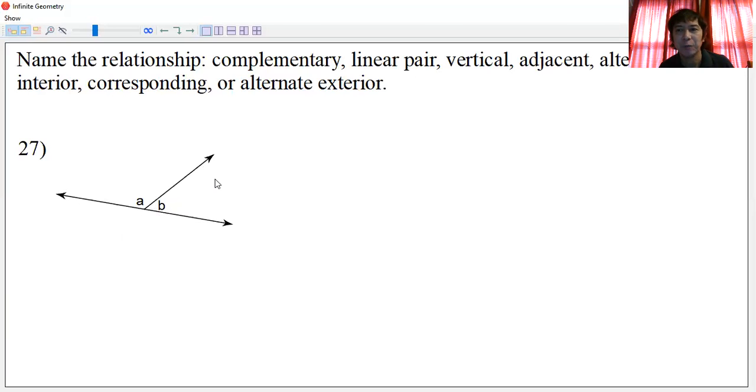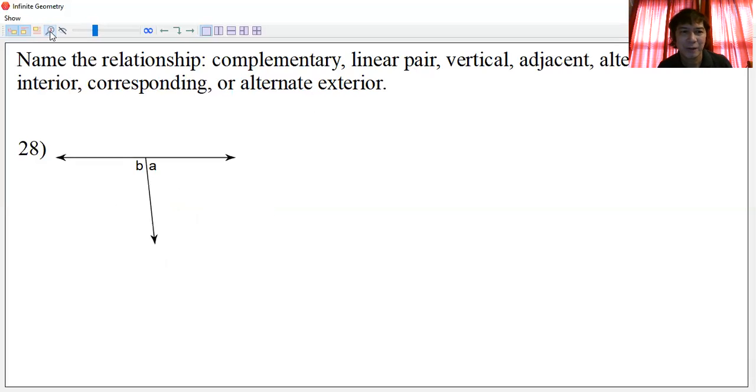That's the other name for this pair. But the only choice we have here is the two words linear pair. Be able to differentiate this from adjacent. This is a special adjacent. You can call this adjacent, but a more specific name for this is linear pair.